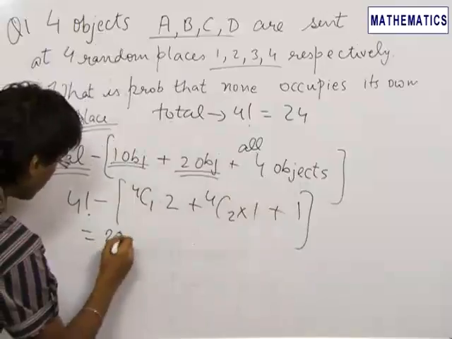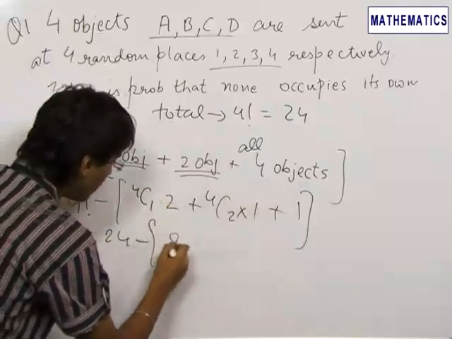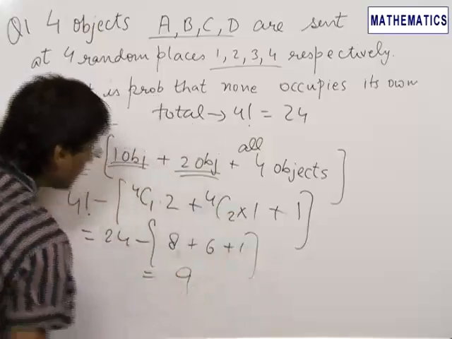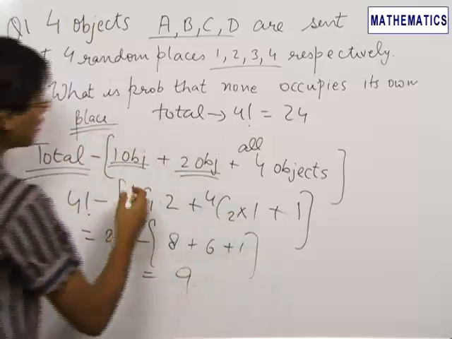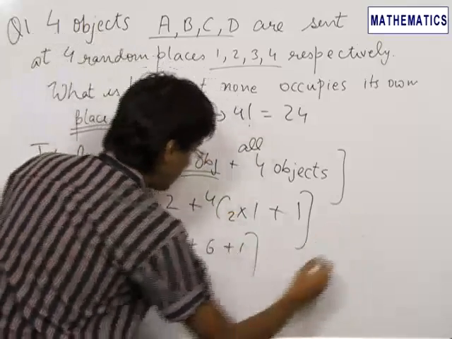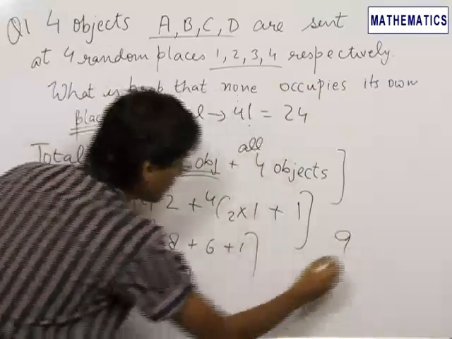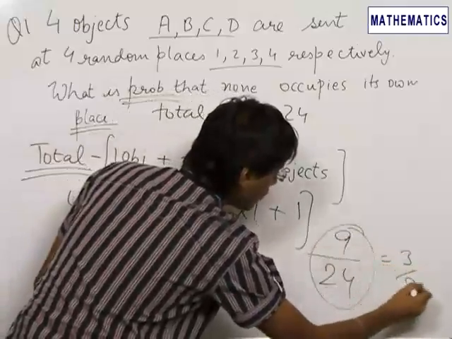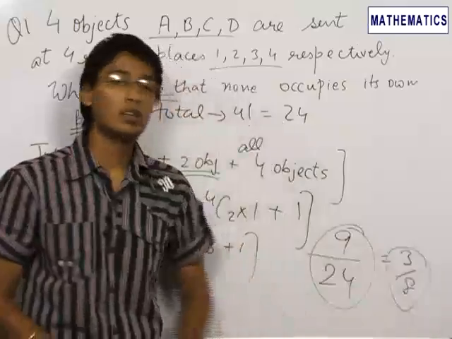This becomes equal to 24 minus, this is 4 into 2, 8 plus 6 plus 1, this is 15, 24 minus 15 is 9. So the probability for this to happen is the favorable cases divided by the total number of cases, that is 9 by 24 or 3 upon 8, and this is our final answer.